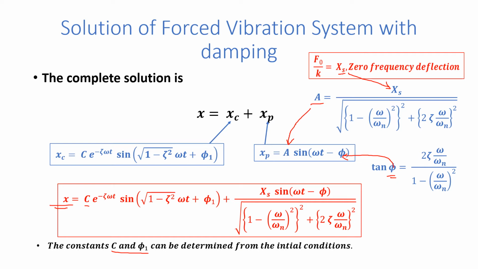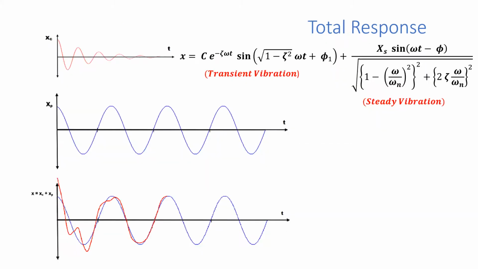For most of the period, we have only vibration profile because of xp. So this is the steady state vibration which is there, and we make use of x equal to this for most of the time. Again, total response we have calculated.